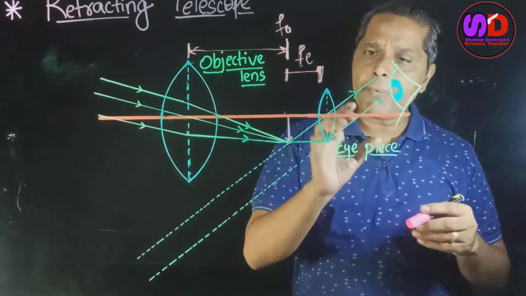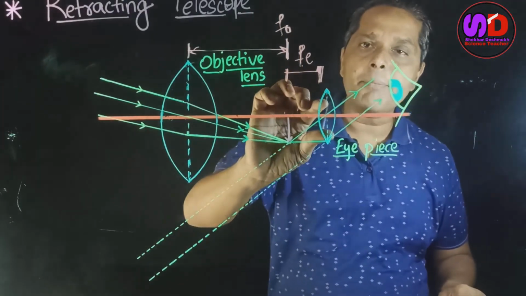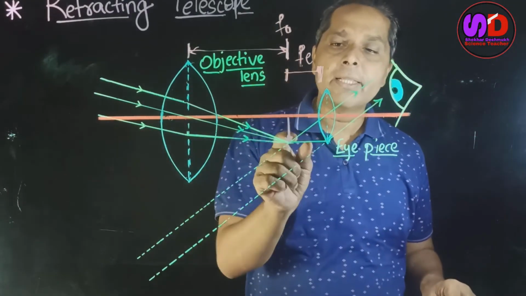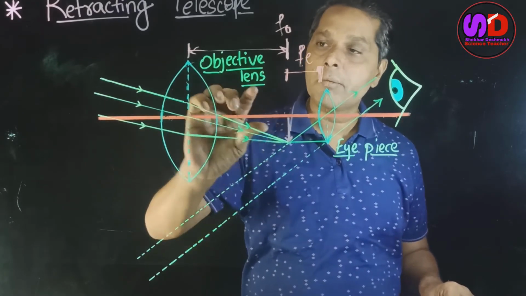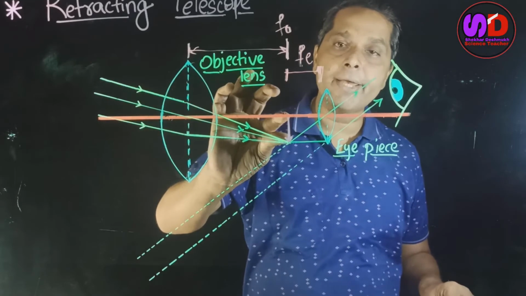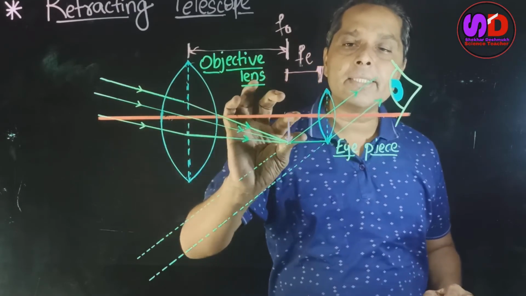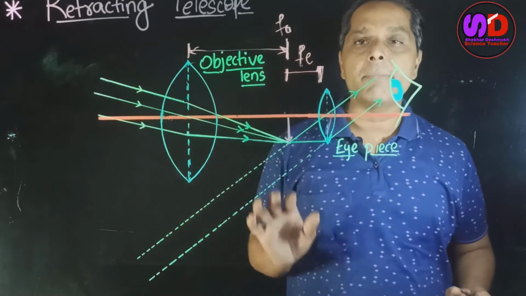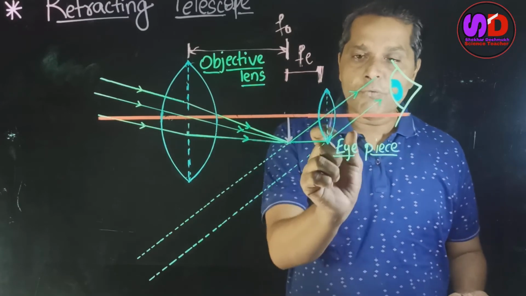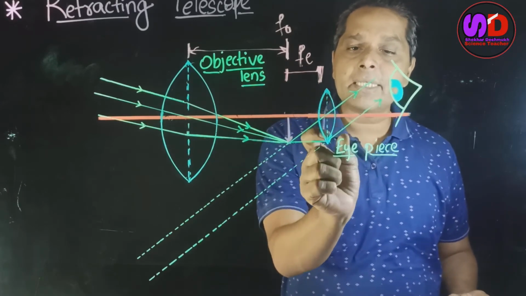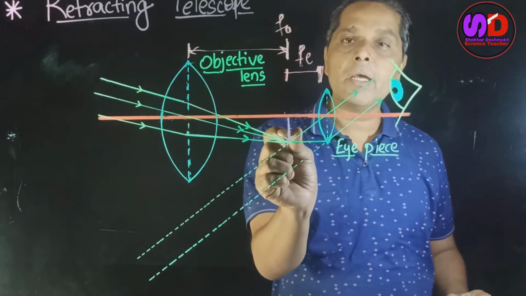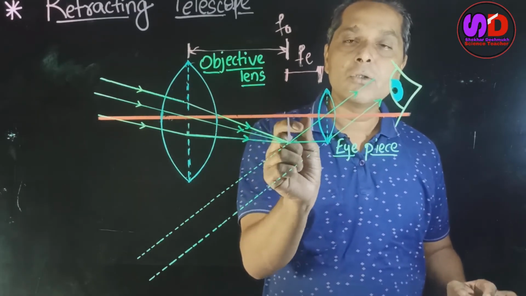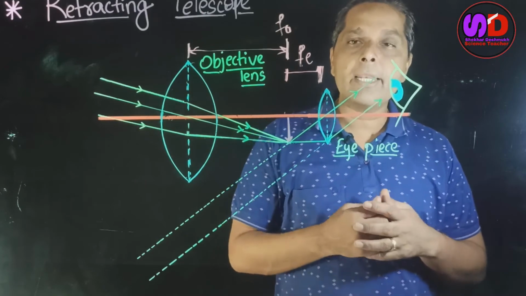Why? Because we place this eyepiece in such a way that the image formed at focus by the object lens could be taken as the object for this eyepiece. So we place this eyepiece so that its focus is on this object, so that we can get the image.